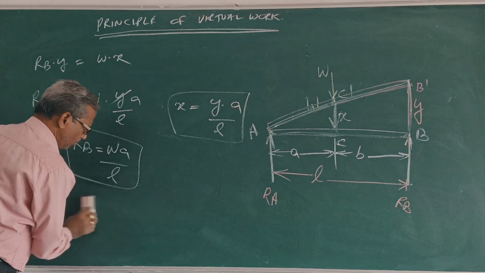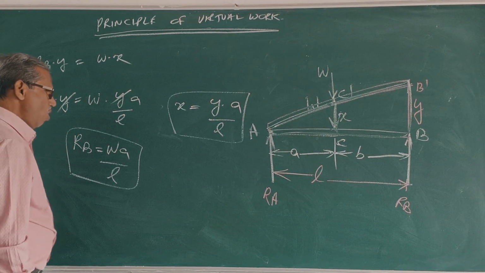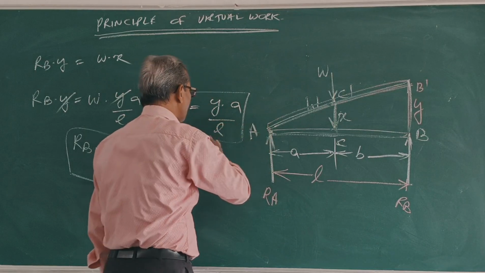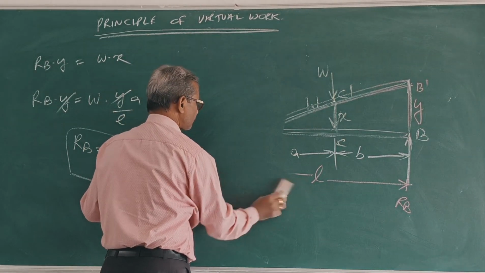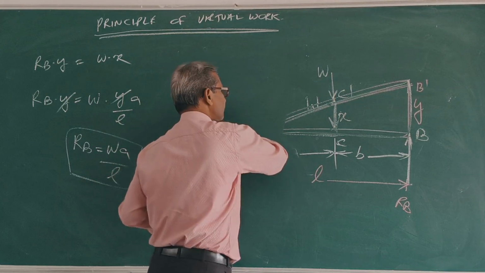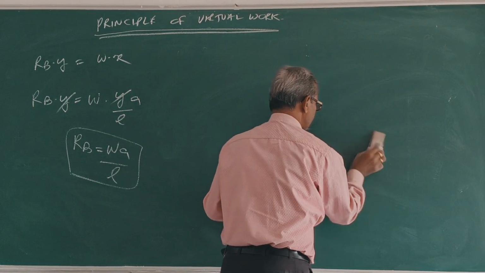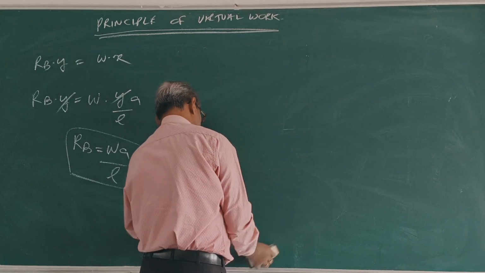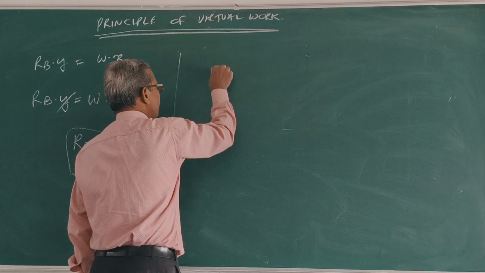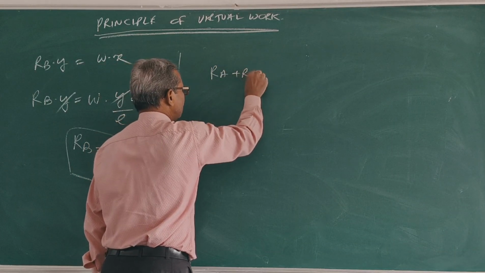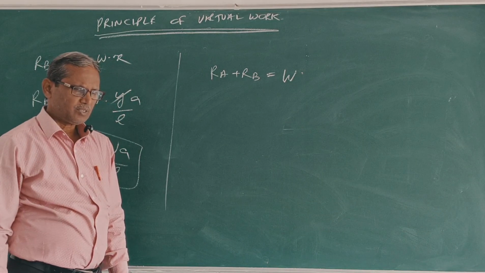Now I'll find RA. RA plus RB is equal to W. Clear?